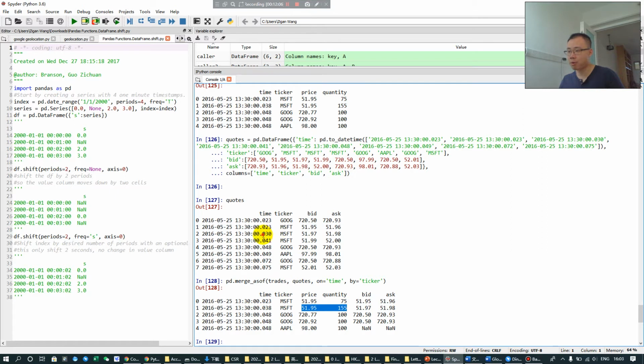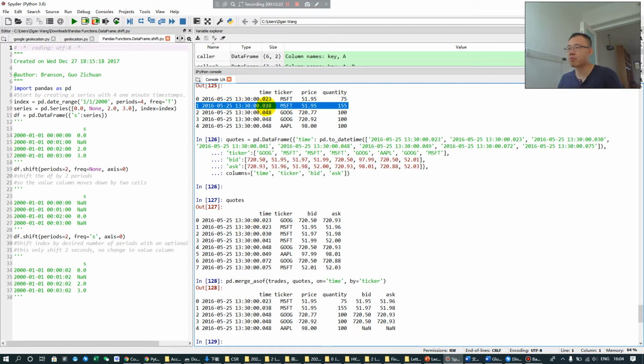But we have a problem here. We do not have 038 in the quotes data. So what does it do? It automatically searches the nearest observation before this time.